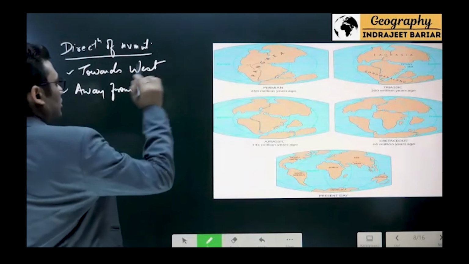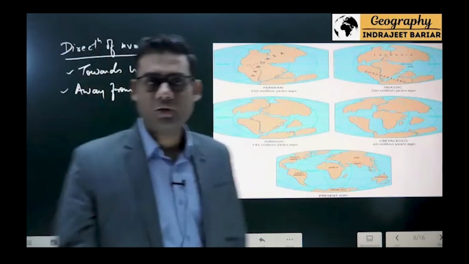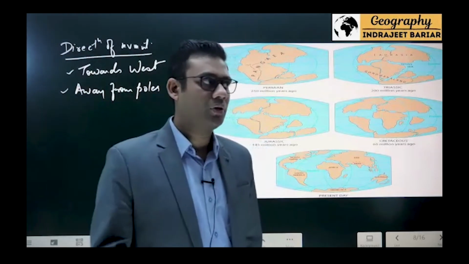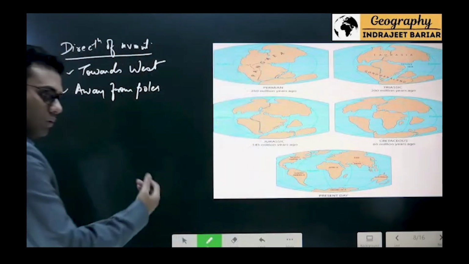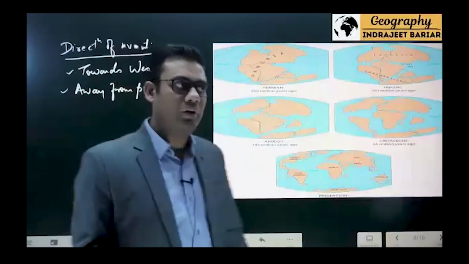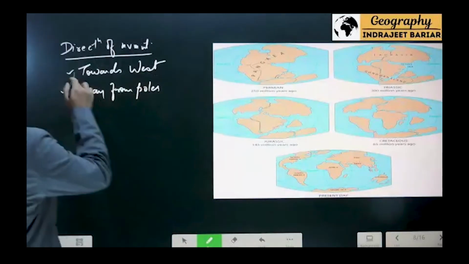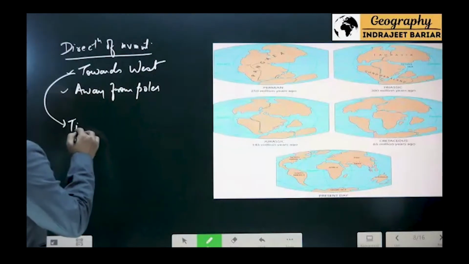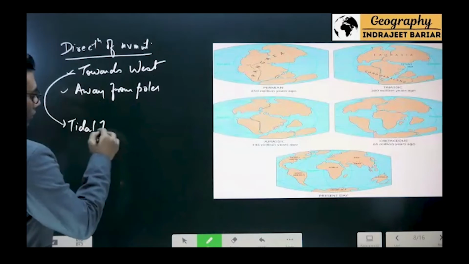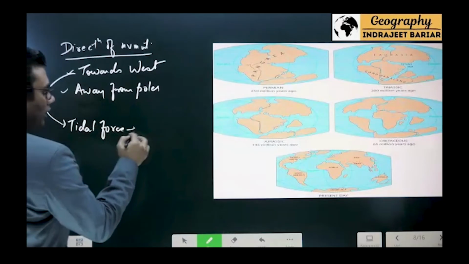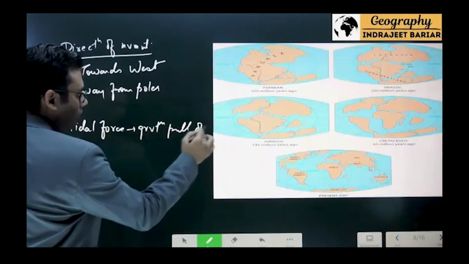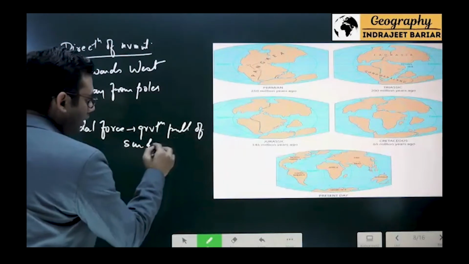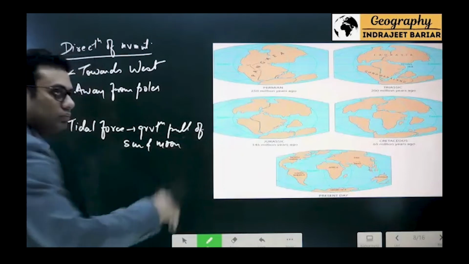For this he has told us certain forces. What were the forces responsible for this movement? The movement towards the west he attributed to tidal force. And what is this tidal force? Tidal force is the gravitational pull of the sun and moon.